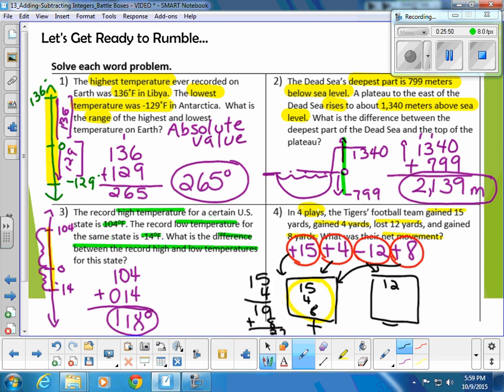Remember the 3 questions you're asking yourself. Which one had the most? That would be the positive box. By how much? Since they're in different boxes, we have to subtract. So we have 27 minus 12.